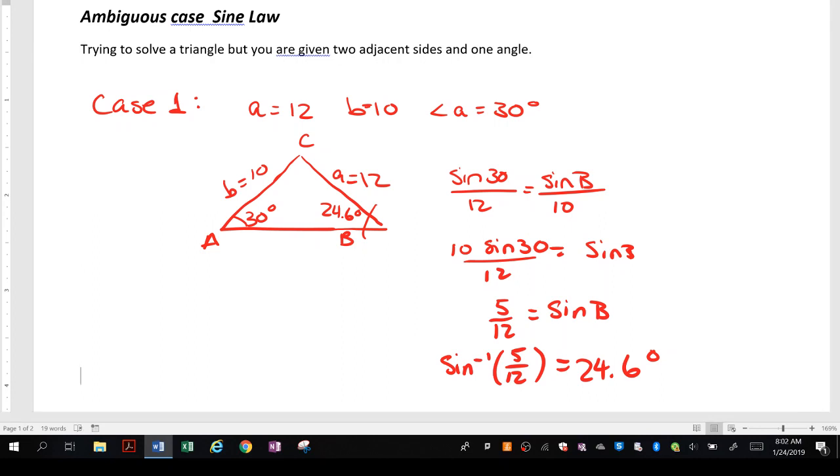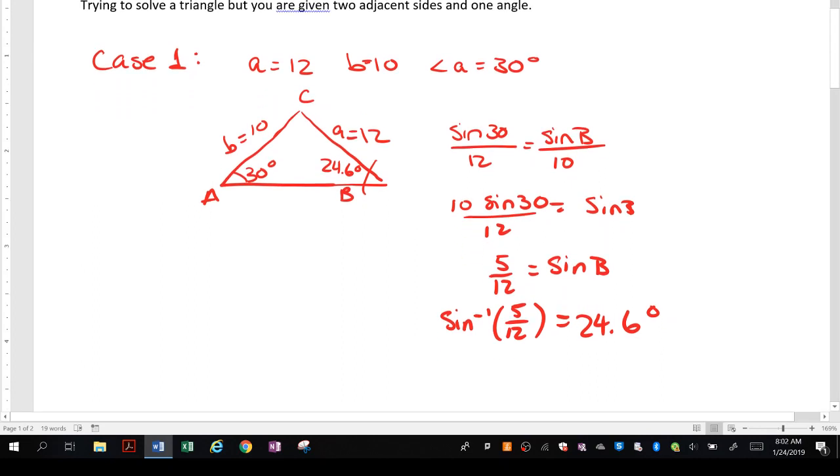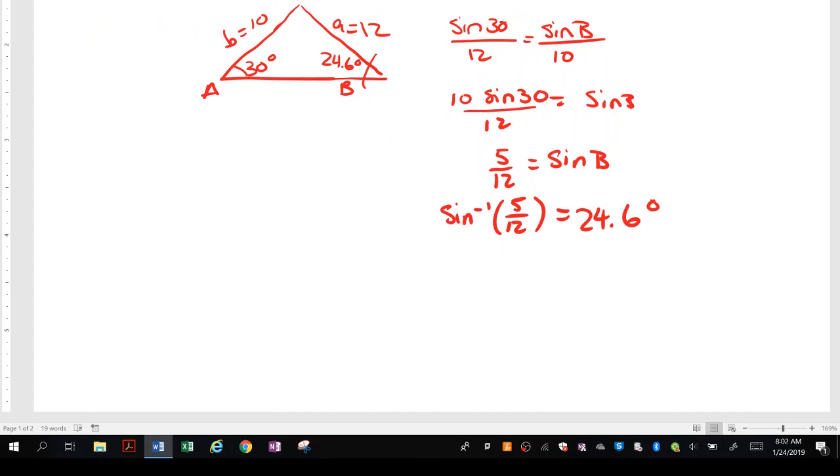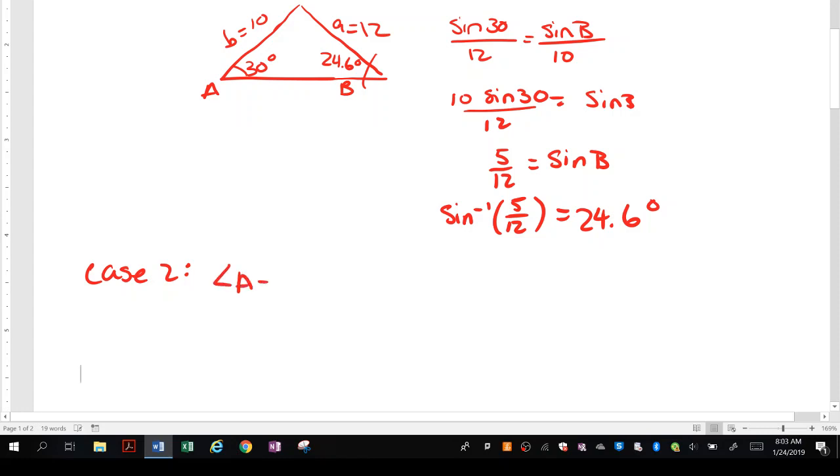So let's take a look at some other examples. Case two. This is where no possible triangle is given. So we have angle A is equal to 30 degrees, side A is equal to 4, side B is equal to 10.